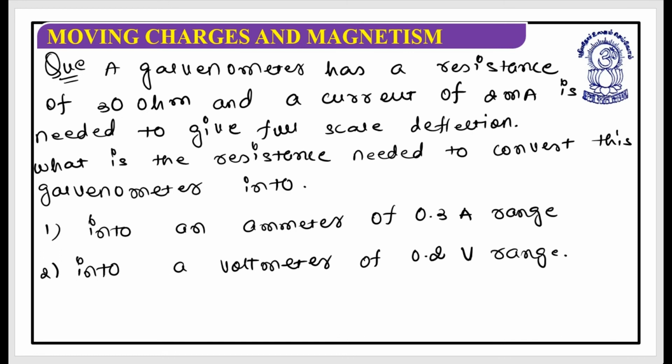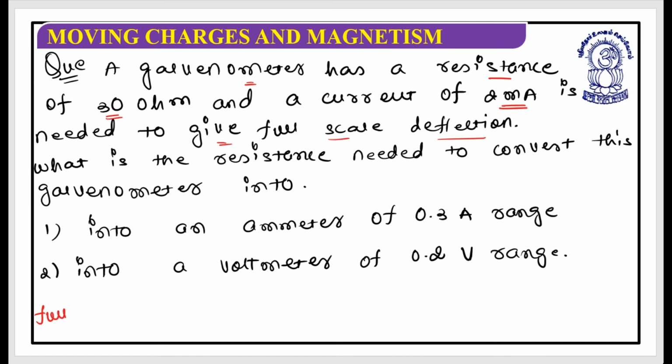So the data says that a galvanometer is there, and the galvanometer has a resistance of 30 ohm, this is Rg, and a current of 2 milliampere is needed to give full scale deflection. Now, one new term: full scale deflection. What does it mean?